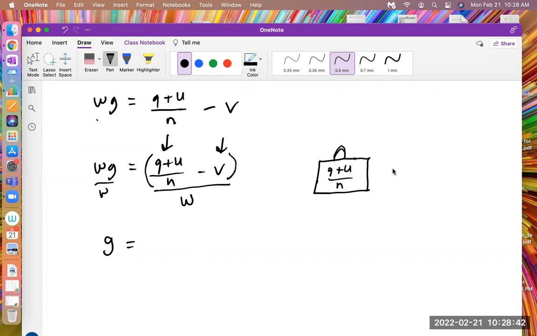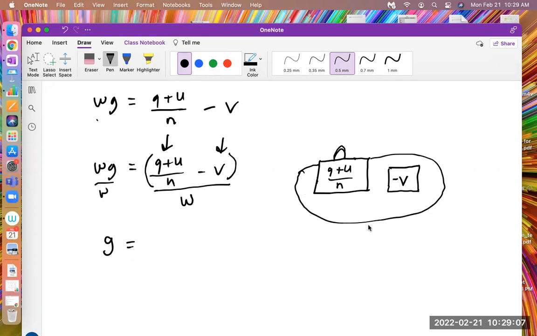And then we have a second term. Who knows how big it is? We don't know how big these are because we don't know how big the variables are, but whatever. I have a q plus u over n variable, and I have a v variable. We'll say just a negative v, because it's actually subtracting v, but that's not too important here.